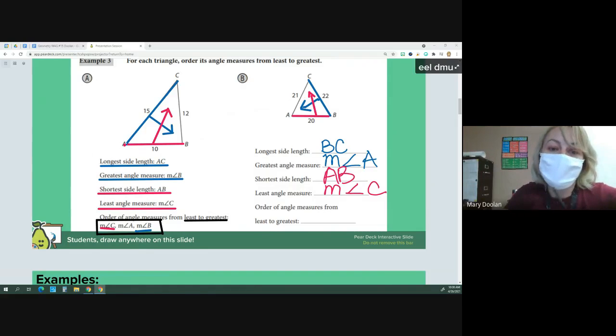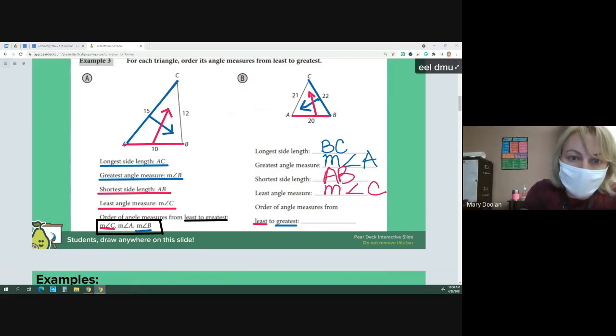So we can order these angle measures from, again, pay attention to what it's saying, from least to greatest. So we want to put the smallest one first. The smallest one is C. So the measure of angle C is first, because that's the smallest, comma.